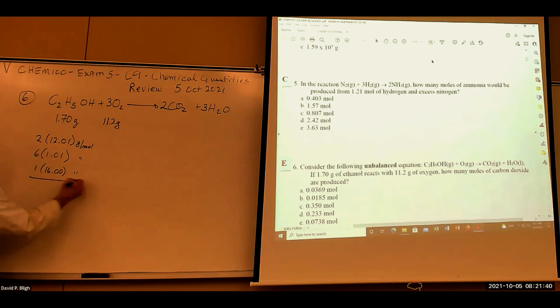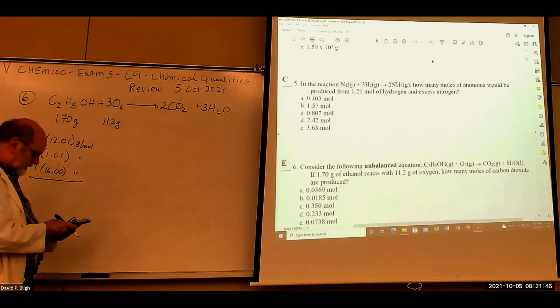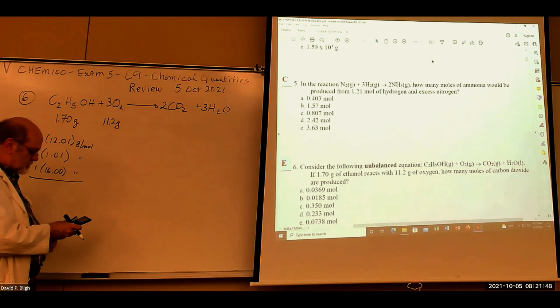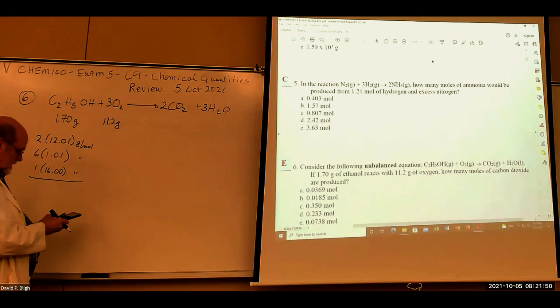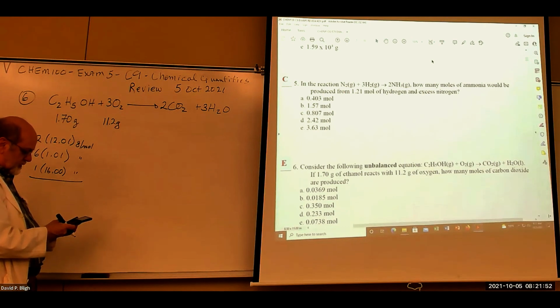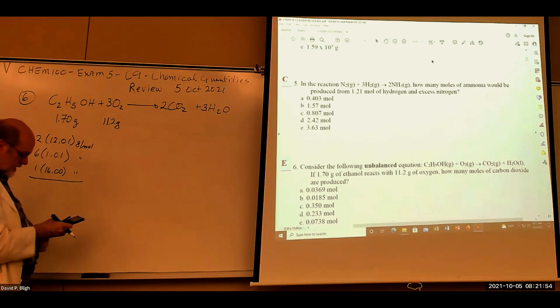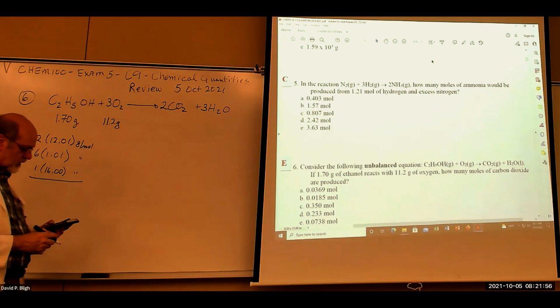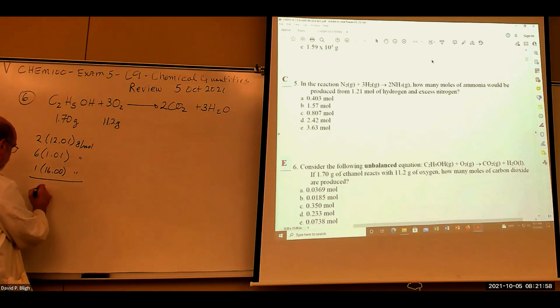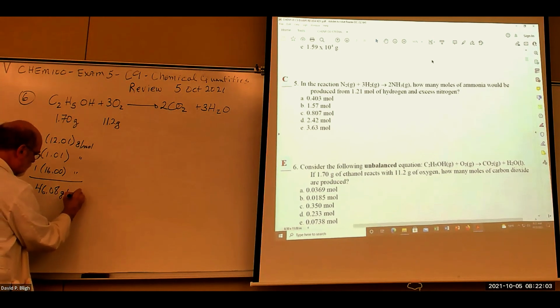All right. So what's that total? I'm going to use my calculator again. So 12.01 times 2, and 6.06 plus, and then 16 plus. So I'll get 46.08 grams per mole.